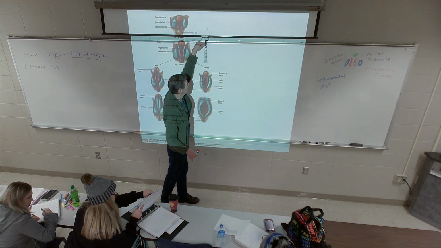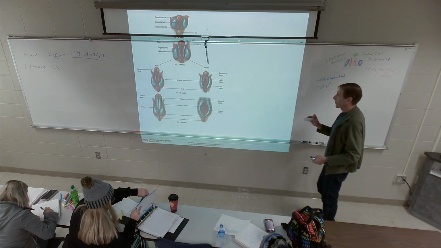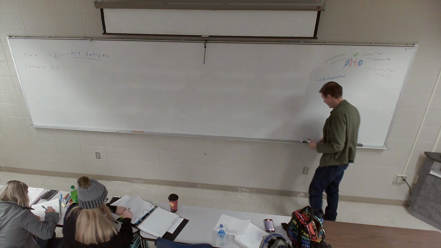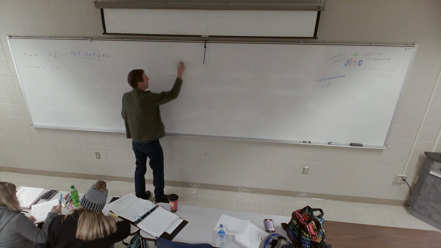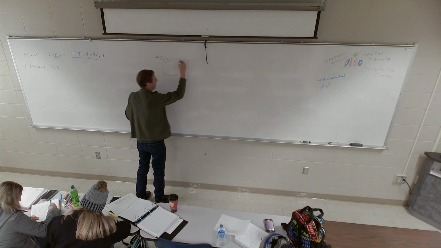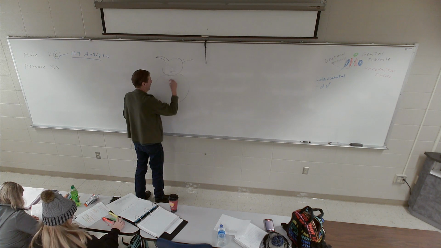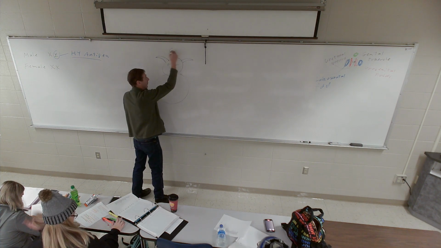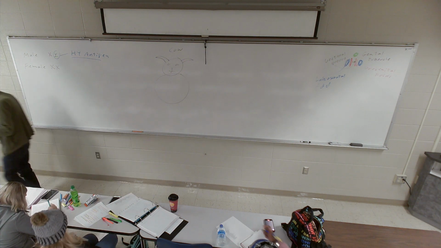And just to illustrate this, I'll give you an example here. Draw a picture. This is a cow. Now I'm not a rancher, so if I say something wrong, you can correct me.